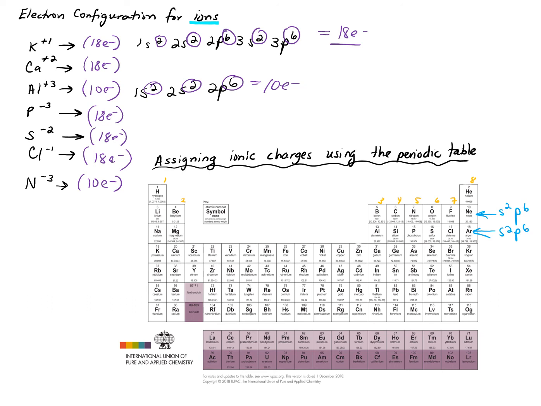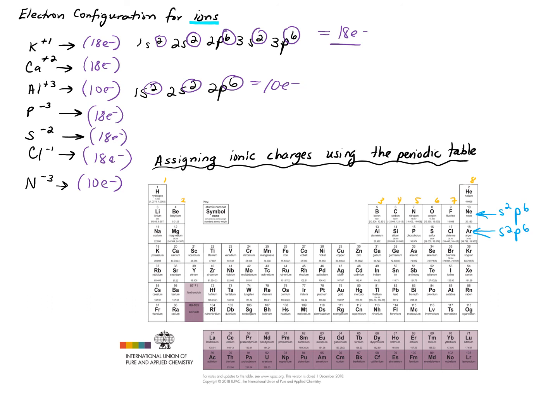Every element in the periodic table wants to have 8 valence electrons. So your ions, the elements, are giving away electrons, gaining electrons, or what we're going to be learning in the future, sharing electrons.